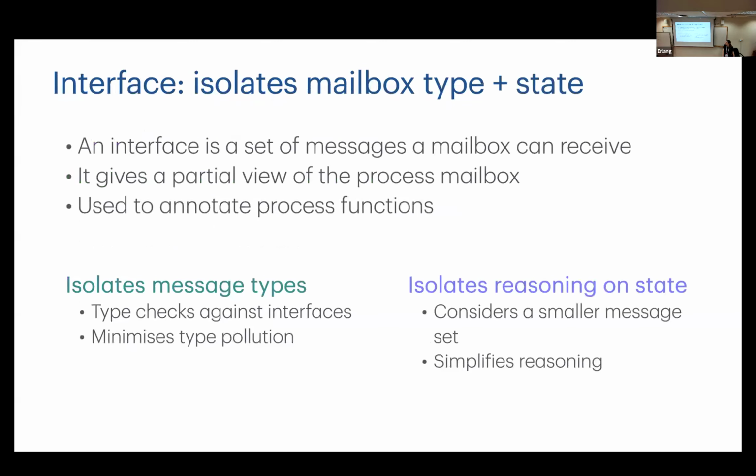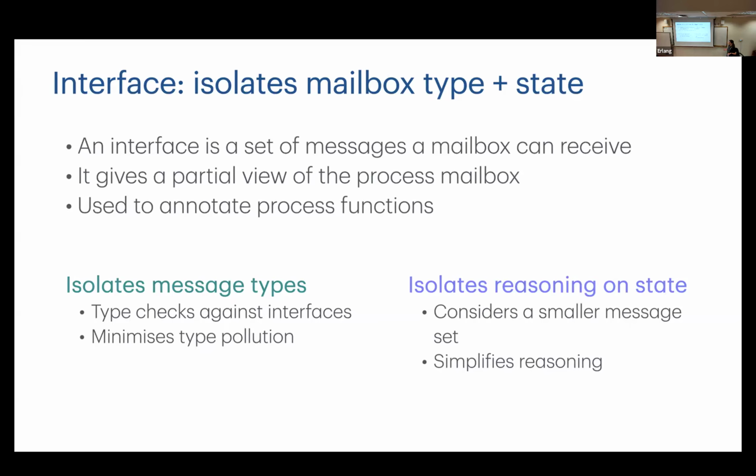For that, we use interfaces to isolate the mailbox type and the state. So an interface we can think of as a set of messages that the mailbox can receive for that protocol. It gives a partial view of the mailbox, again, specific to the protocol, and we use it to annotate the specific process functions.